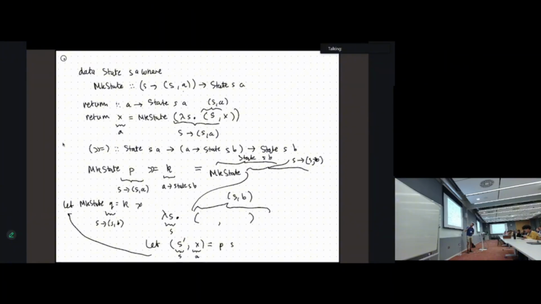Oh, have I got something wrong? No, I haven't got anything wrong. So we want to apply K to X. I feel like I've done something wrong.